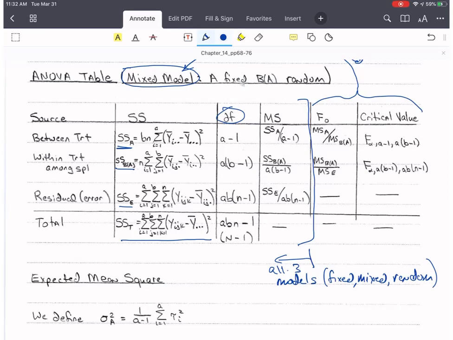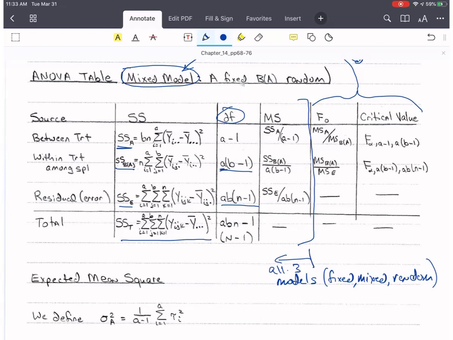And then within the error, or the residual, it's A times B times N minus 1. So within each tree, within each spray, we take N minus 1. And so there's A times B of those. And up here, within each spray, we'll have B trees, so we take B minus 1, and then times A sprays.